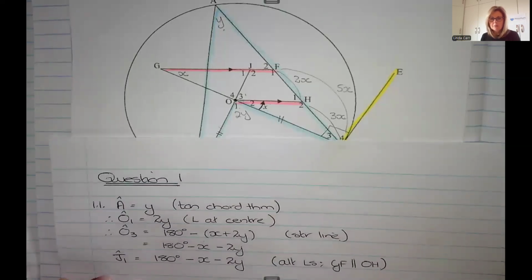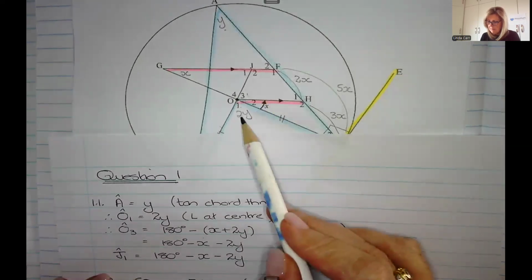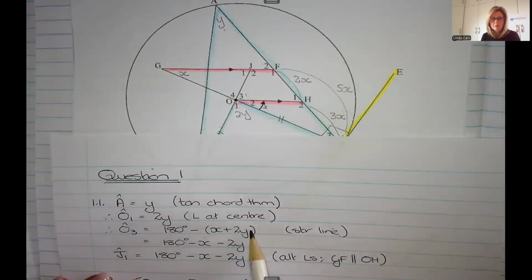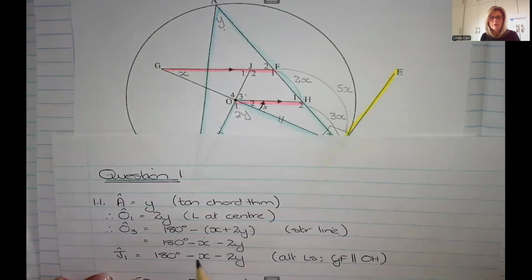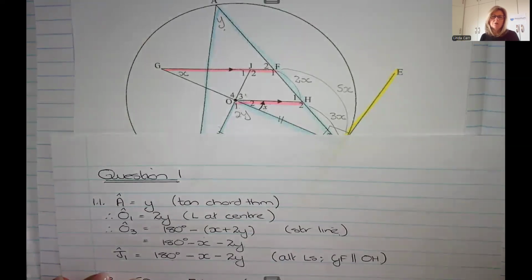And then I was able to say O3 is 180 minus these two, which is 180 minus x minus 2y. And lastly, J1 is the same size, y, because of alternate angles, GF parallel to OH.